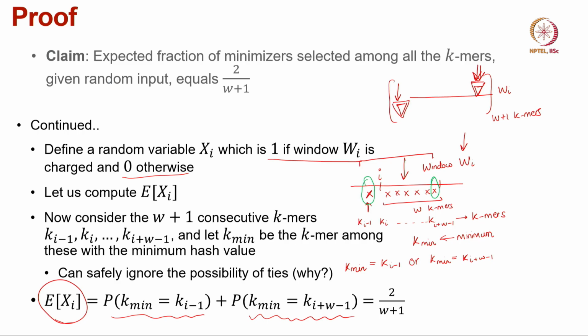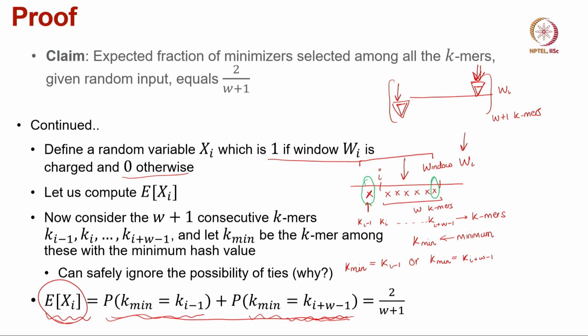And if you agree with me, then the expected value of xi will be nothing but the probability of k min being equal to ki minus 1 plus the probability of k min being equal to ki plus w minus 1.